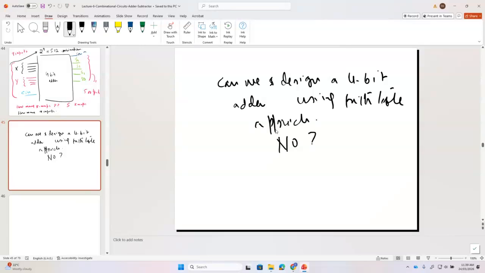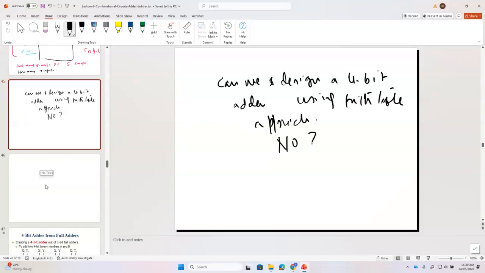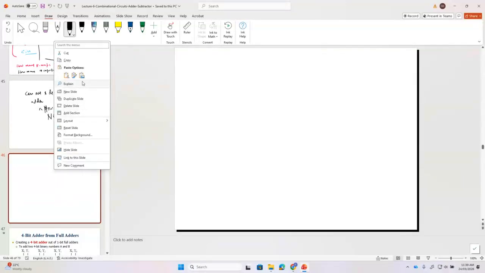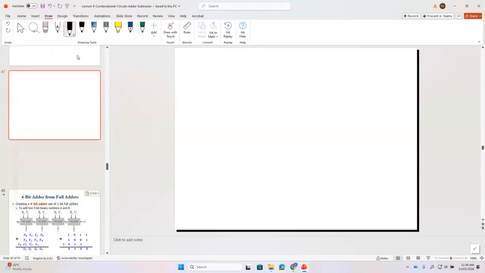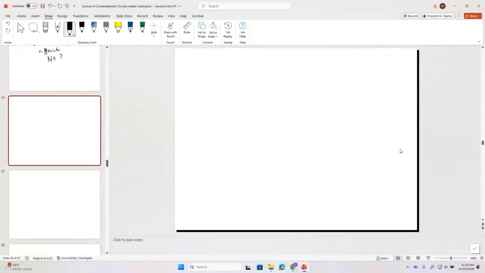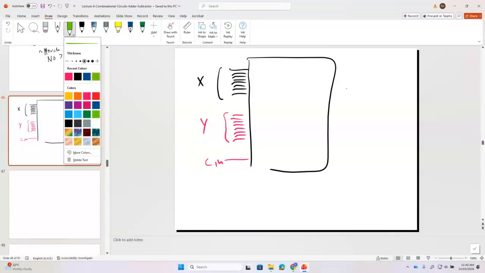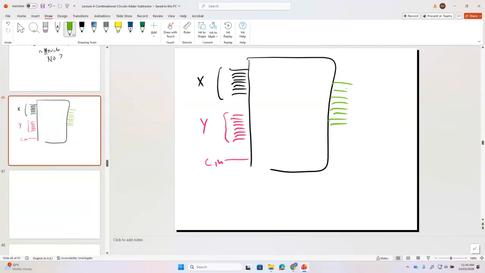And let's assume this is only a 4-bit adder. Now assume we have an 8-bit adder. This is my first input X, 1 to 8, and the other input Y, 1 to 8, and then we have Cin. And then we have the sum, 1 to 8, and then C out.